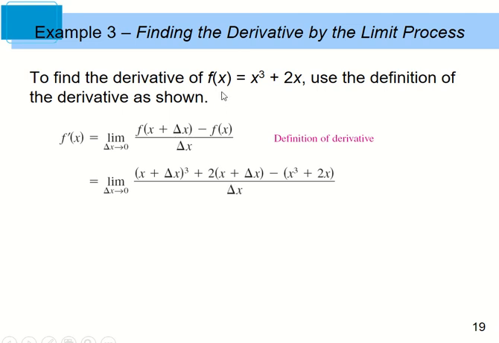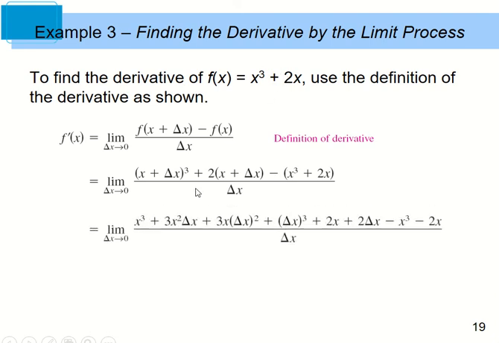Substitute this one into the f(x), so we get this. So minus the f(x), which is this function. And further to that, we actually expand this. So we have this one, and plus 2x plus 2 delta x minus x to the power 3 minus 2x.